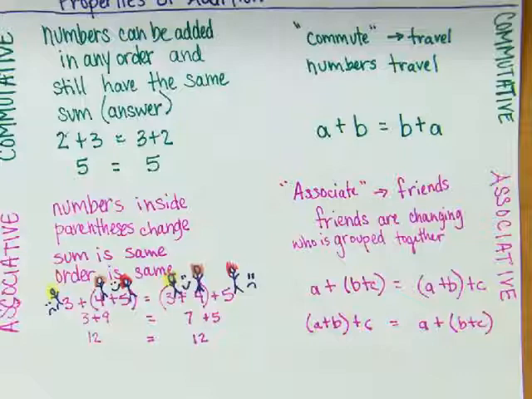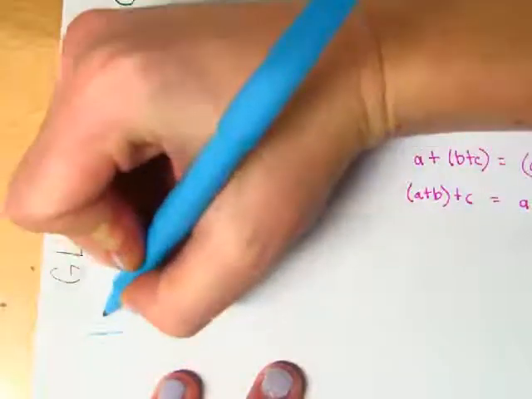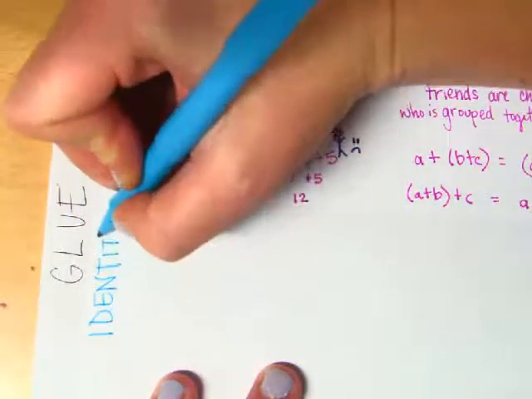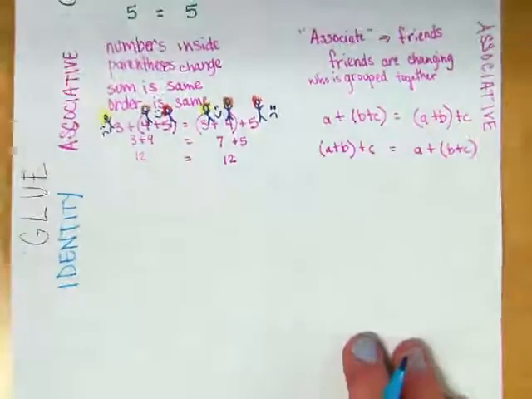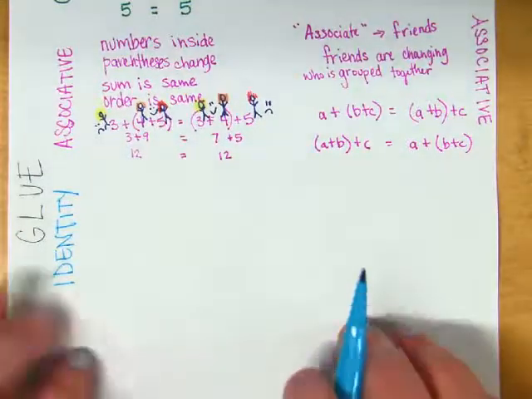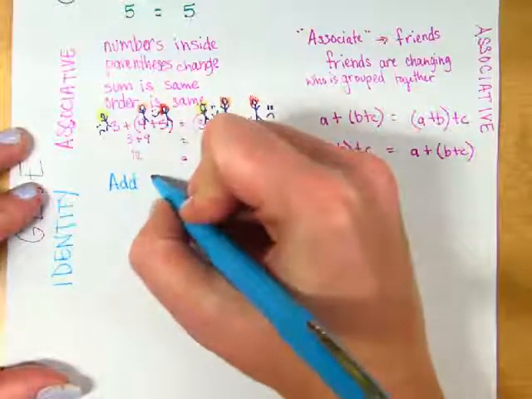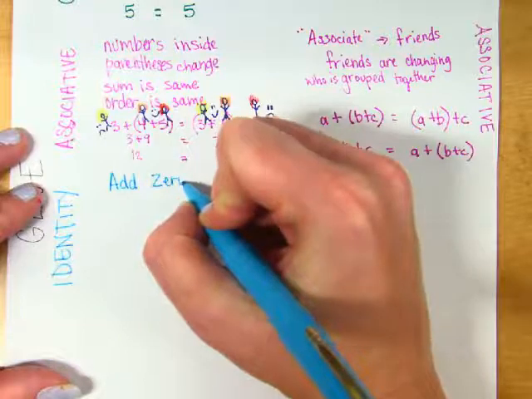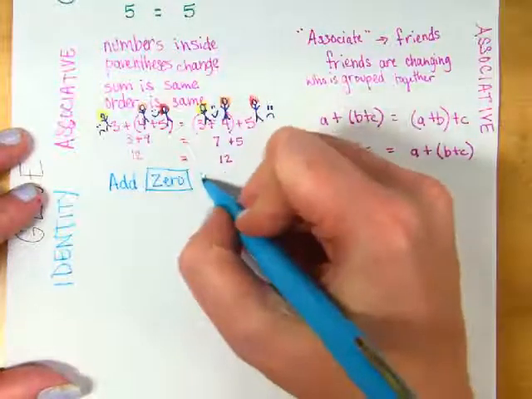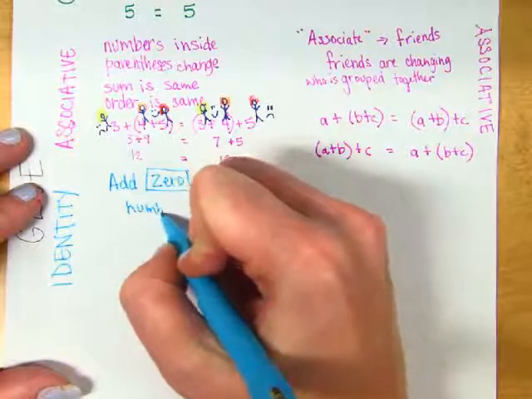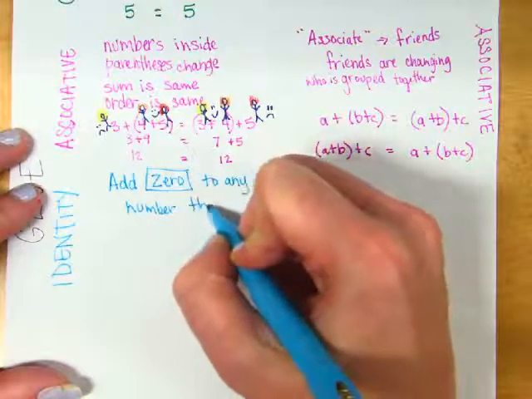Next one we have is the identity property. So if you add, and the one number that's important here is 0 to any number, the result is the same number.